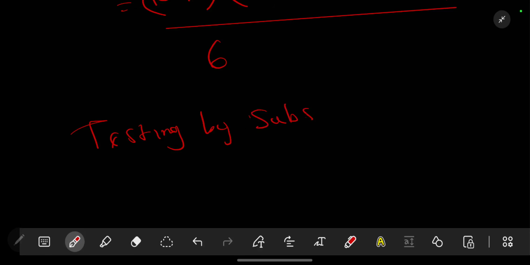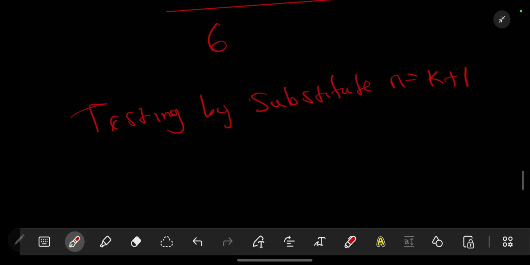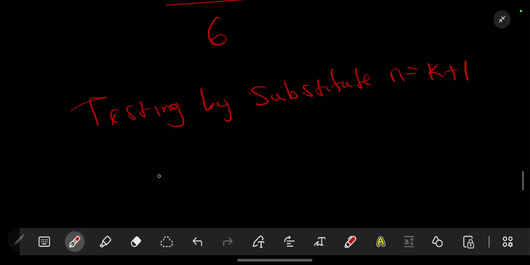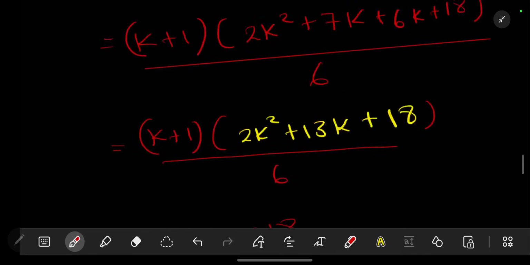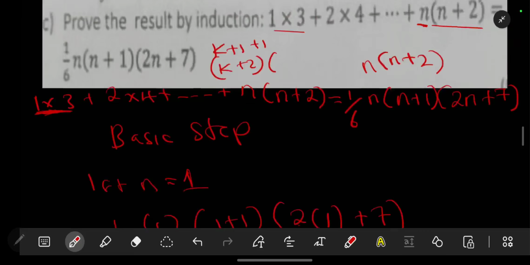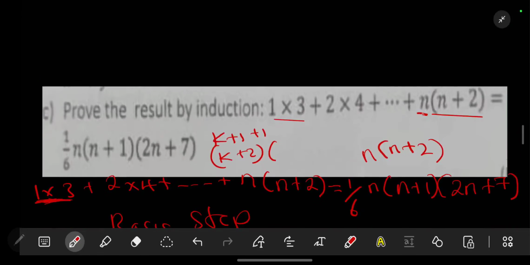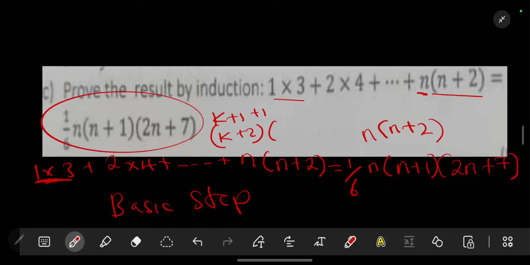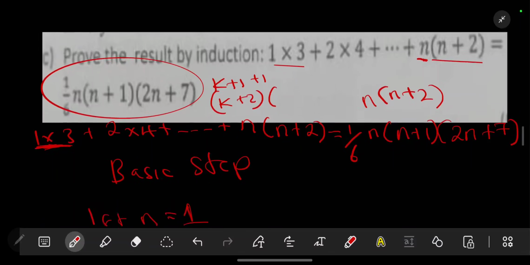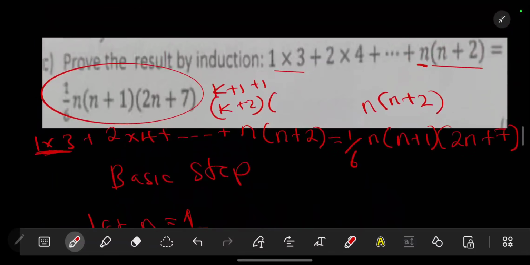So we are going to substitute n is equal to k plus 1 in that equation and see what it will give us. So from this equation, this value, we are going to substitute k plus 1, because at first we did not substitute, we added. If it gives us the same, then it is true by mathematical induction.